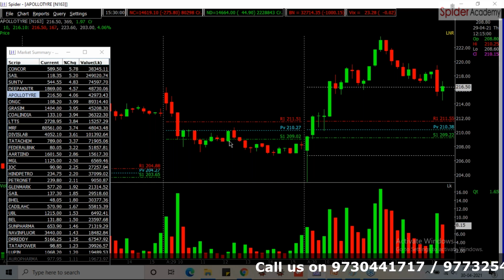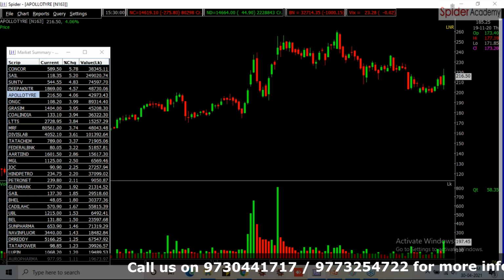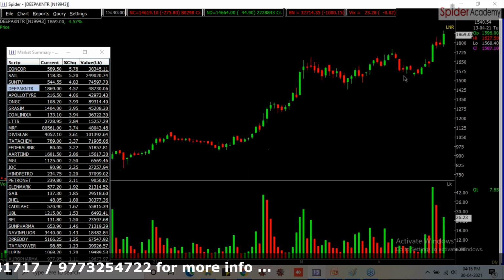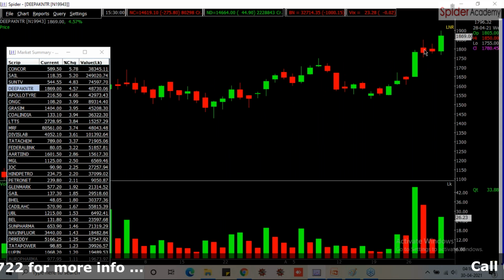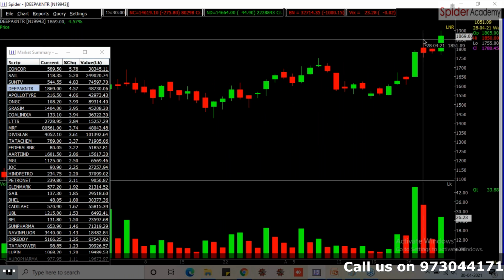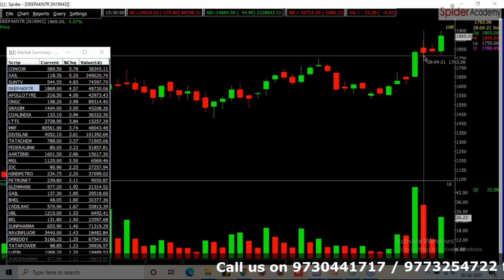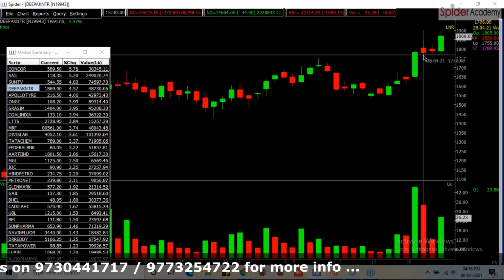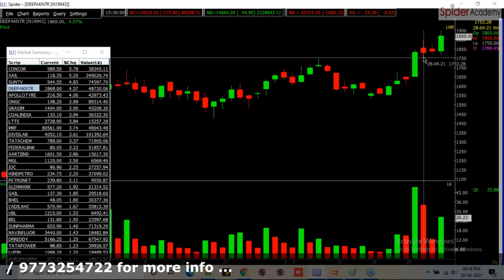If we go to the daily time frame, I will move to Deepak Nitrate. I would like to show you this example of Deepak Nitrate. Here on the 28th, we can see the high and low range was this. After that, on the 29th the stock was trading inside the range of the 28th candle.